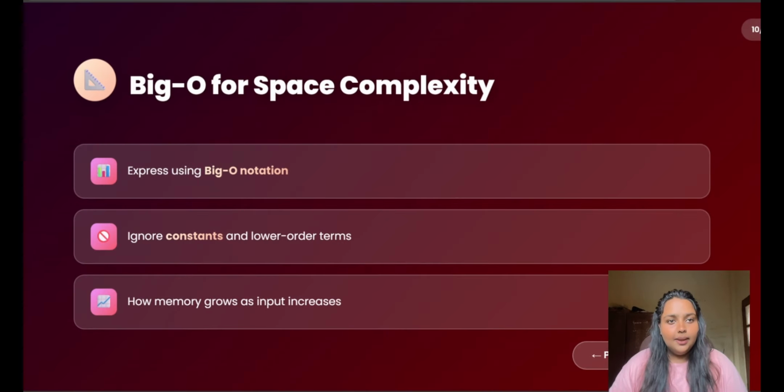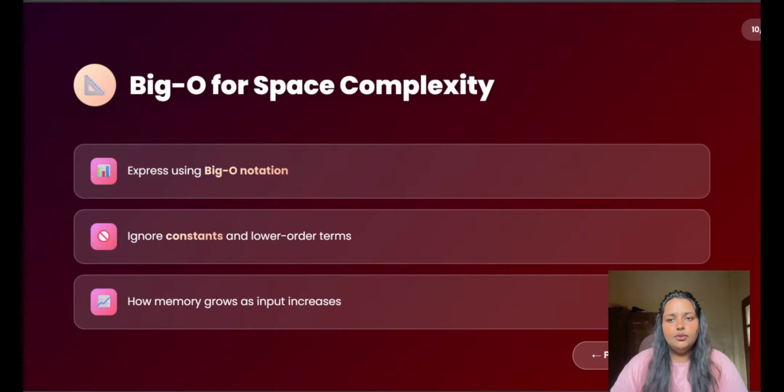Just like time complexity, space complexity is expressed using big O notation. Big O helps us describe how memory usage grows as input size increases, while ignoring constant factors and lower order terms. For example, if an algorithm always uses a fixed number of variables regardless of input size, we say its space complexity is O(1), which means constant space.